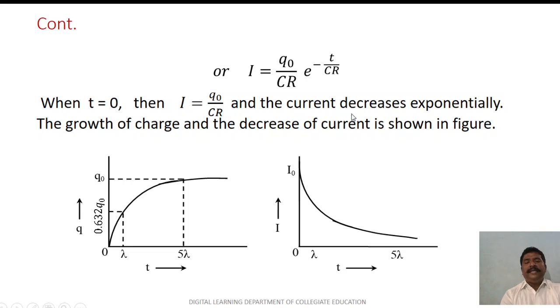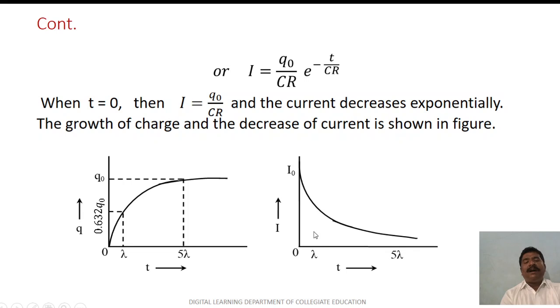The current decreases exponentially, as the charge grows, as shown in the figure. As I said in the beginning, once the capacitor is fully charged, the current will become almost zero.